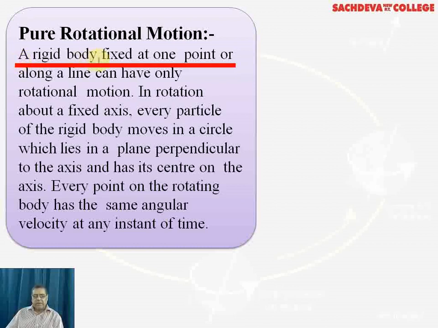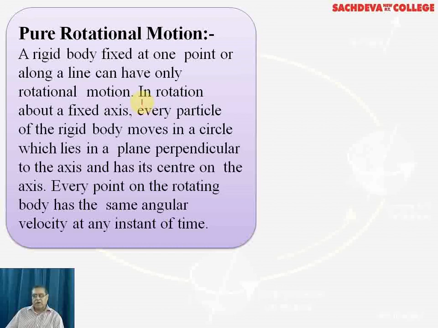A rigid body fixed at one point or along a line can have only rotational motion. Then when the body is moving about the axis, all the particles or all the atoms of that body are in rotation. Whatever is the rotational speed of the whole body, the same will be the rotational speed of the individual particles.